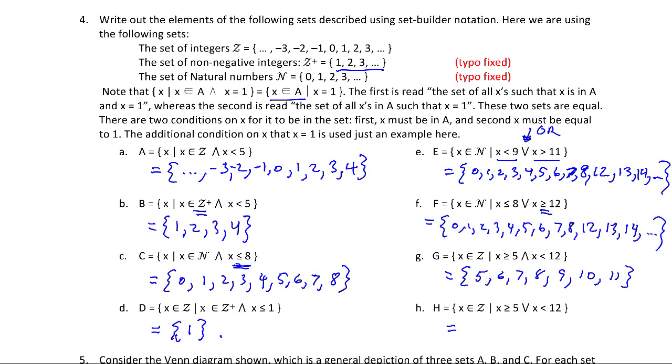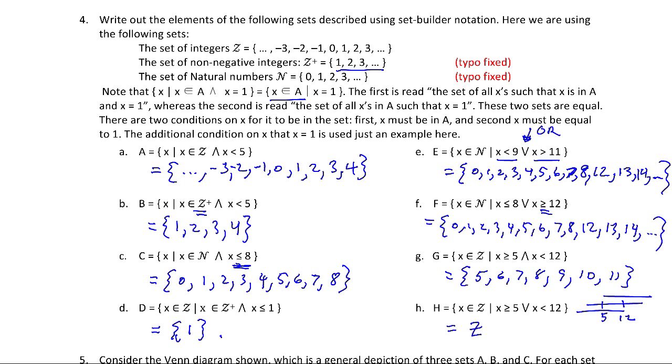And then x greater than or equal to 5 starts at 5 and goes up from there. In other words, these two regions on the number line, one is everything from 5 on up, and the other one is everything from minus infinity on up to 12. And all we need is an OR. So this is the entire set of integers.